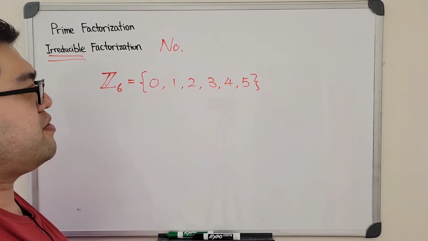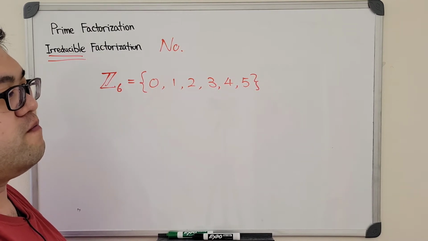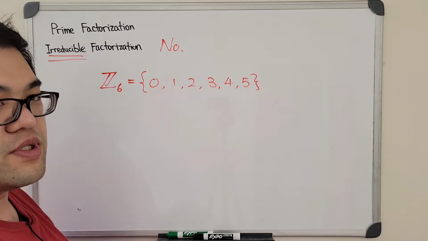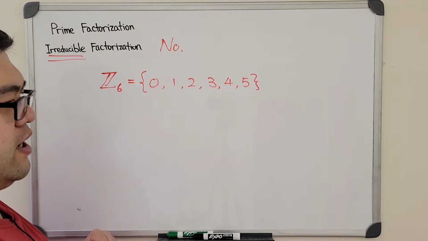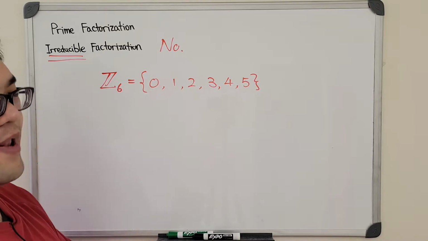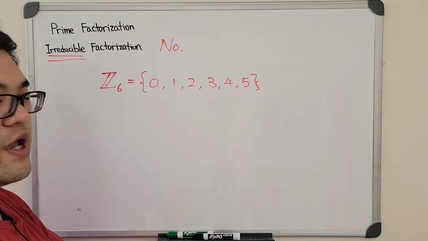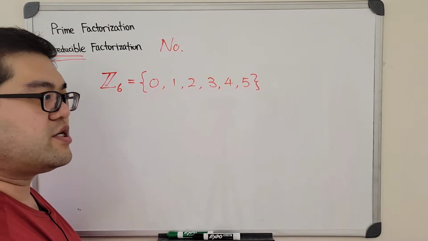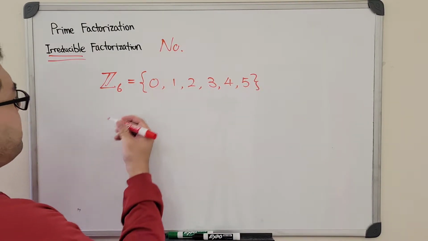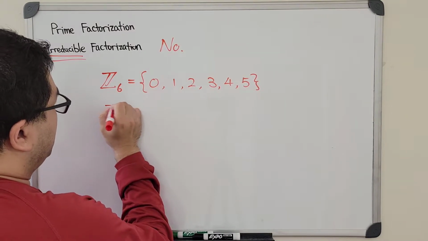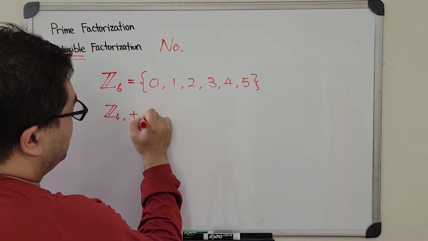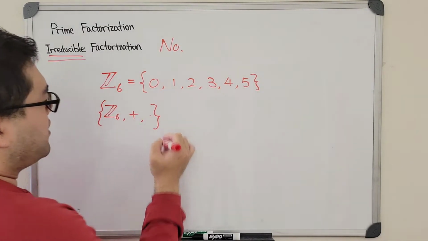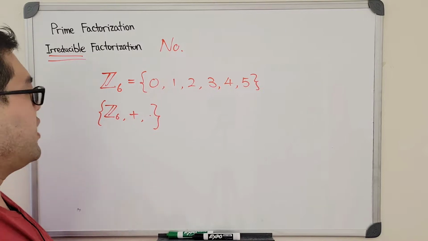Operation is similar to a function: after you choose something as an input and apply the operation, you get something out. Such as addition, multiplication, something like that. So our operations here will be addition, subtraction, and multiplication. Okay, and this is the ring that we have.